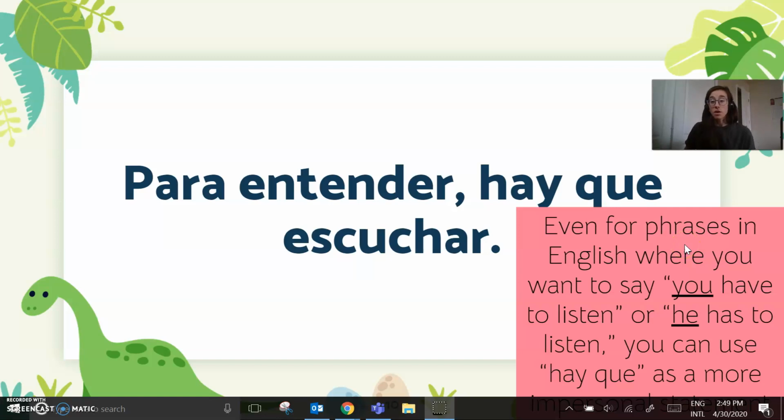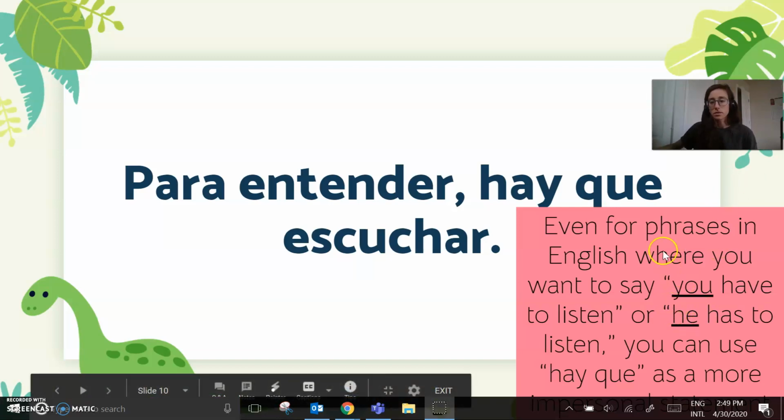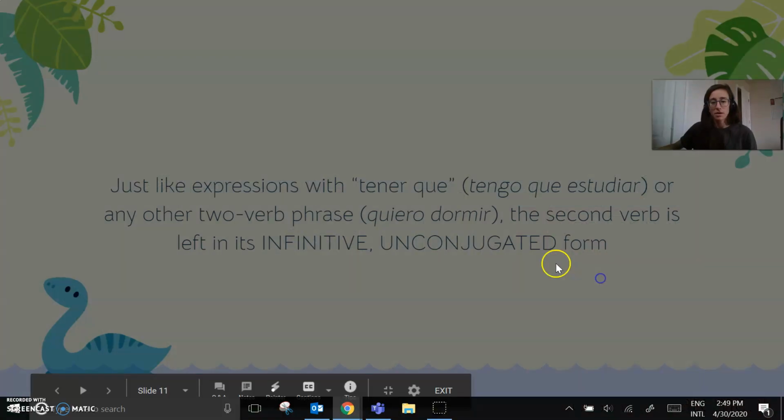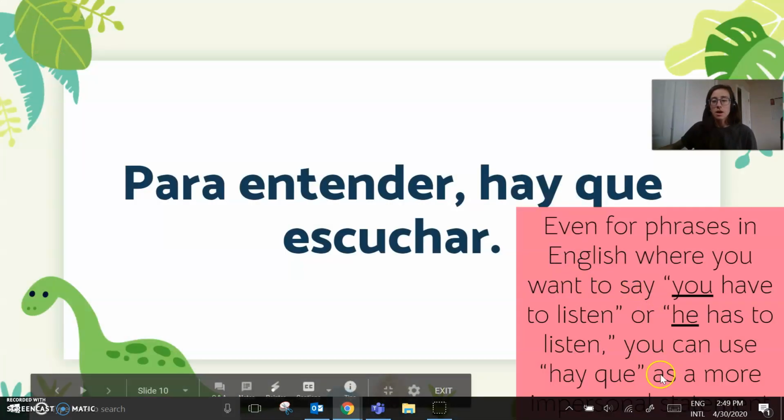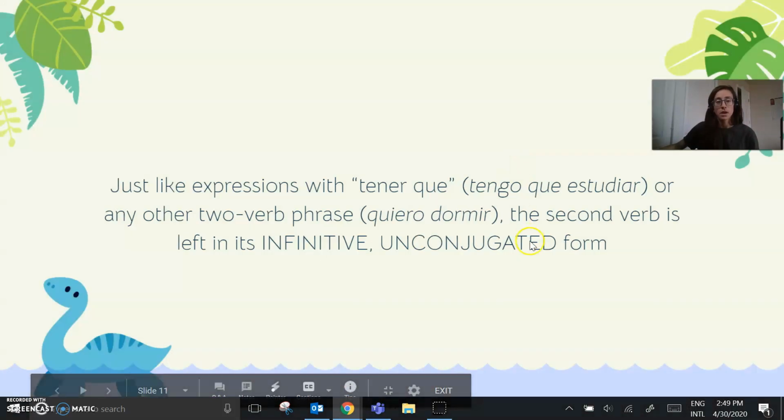So even for phrases that are directed personally, if I wanted to talk to you specifically or I wanted to talk about a single person or about a group of people, I would still use this impersonal phrasing, hay que, because it is that sort of impersonal universal way of saying it.